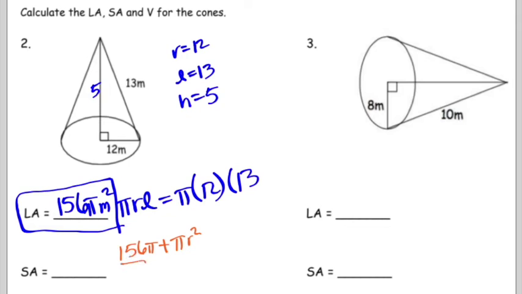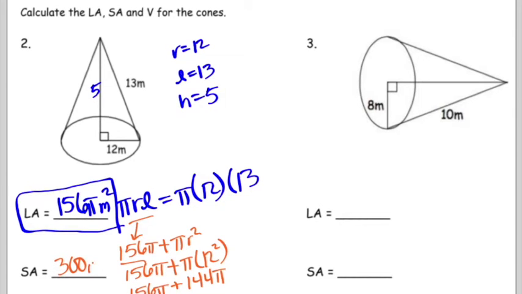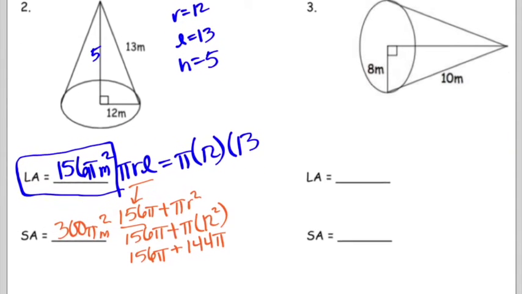So it's 156 pi plus pi r squared, pi times 12 squared. So that's 144 pi for that part, and 156 pi for that part. And then you can combine them. They both have pi, so you can add them together, and you do get 300 pi meters squared. Again, that's area, so it's meters squared.